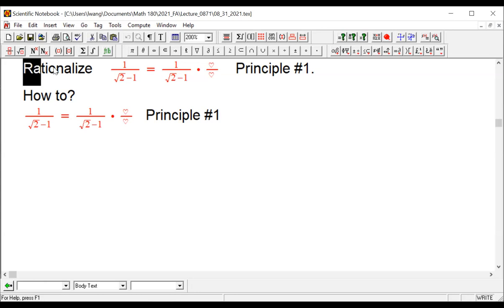Because the goal to rationalize the denominator is to get rid of the radicals in the denominator. So at the end of our work, we don't want to see the radicals in the denominator. We want to make them disappear. But we cannot just cut them out.